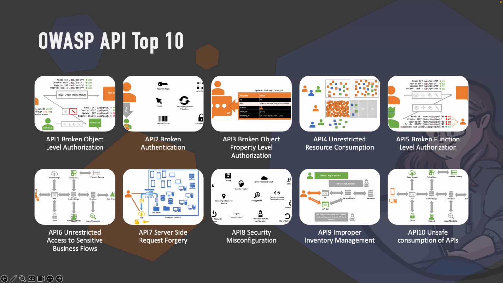API 8 is security misconfiguration, and much like broken authentication, it covers a range of different security issues, from intentionally turning off security features to a developer messing up and not implementing a security feature correctly. In terms of what we will actually look for, we tend to focus on API 1, API 2, API 3, API 5, API 6, and API 10.